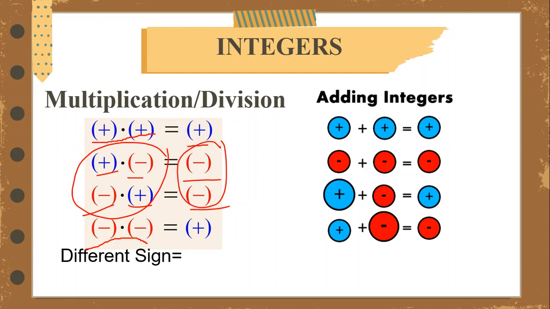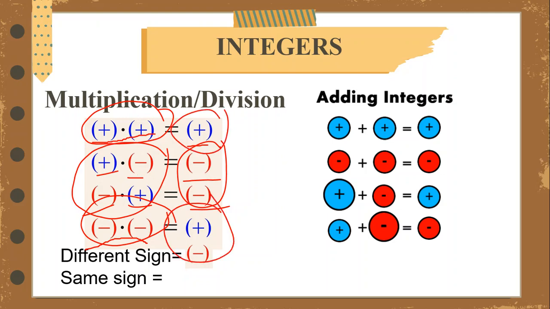So different sign is equal to negative. Next, same sign, all are positive or all are negative, the sign that we will use for this is positive.